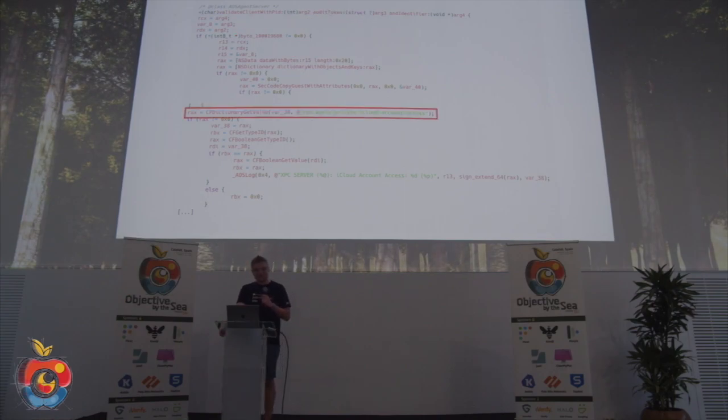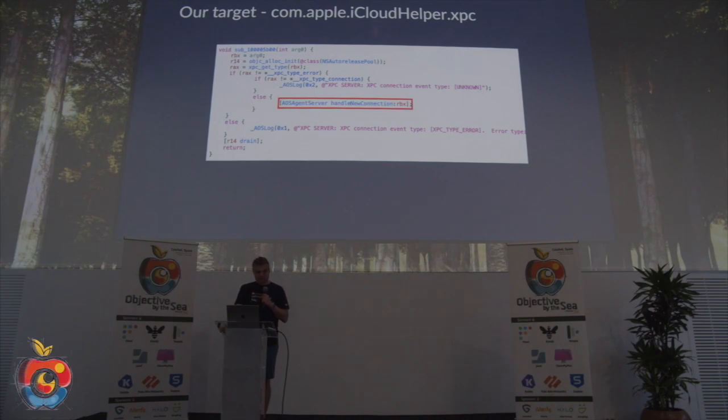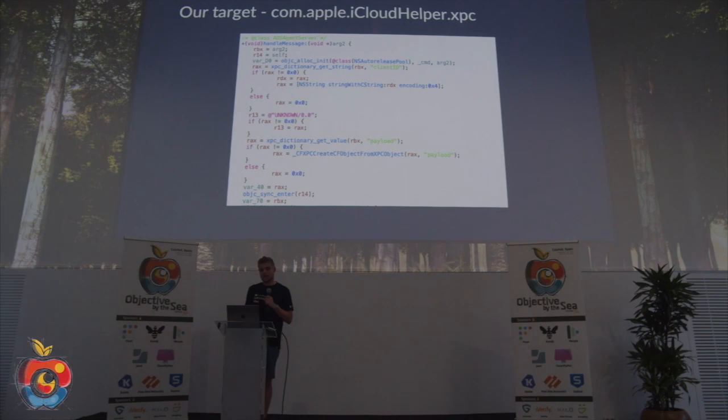But based on that audit token, this helper will verify if the connecting client has a private iCloud entitlement. If the client has the entitlement, this XPC connection will be successfully handled by the helper. But we still have to think about the fact that the XPC communication has its own structure, so we have to provide that expected structure to the helper in order to get those iCloud tokens.